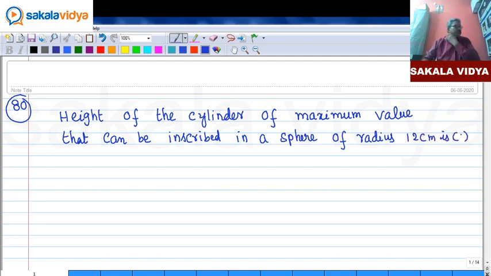You can actually generalize this problem by taking the radius as R centimeters. So you can generalize and remember that, instead of doing the problem each time.